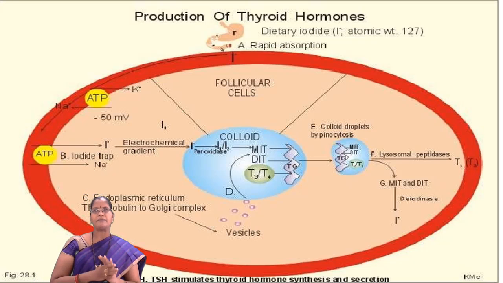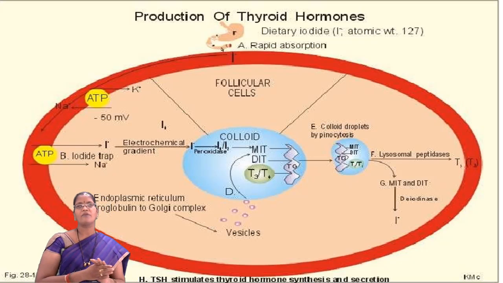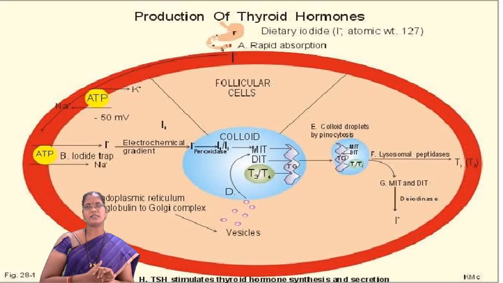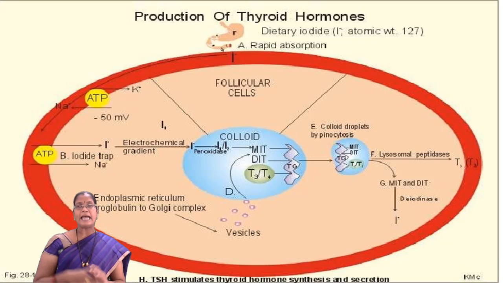Whenever a message arises, the lysosomes will fuse. The lysosomal peptidases will act on the thyroglobulin and cause its lysis. As a result, monoiodotyrosine and diiodotyrosine will be released.